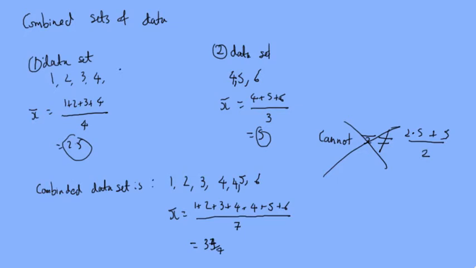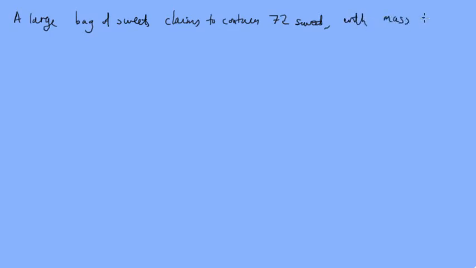Let's have a look at a couple of examples working with combined data sets. So, a large bag of sweets claims to contain 72 sweets with total mass 852.4 grams, sorry, should make that clear.